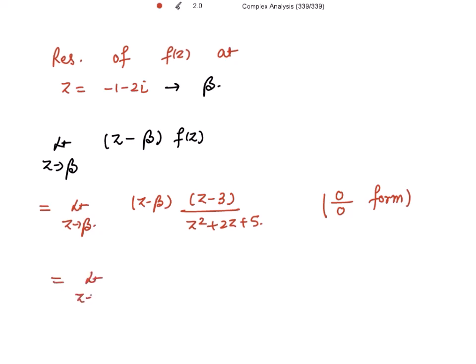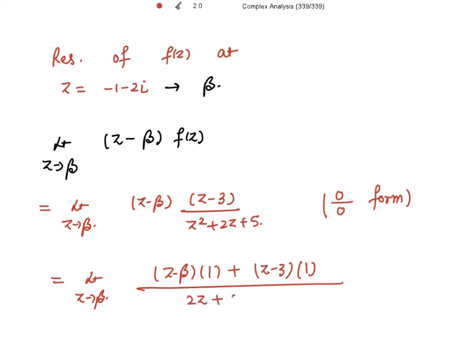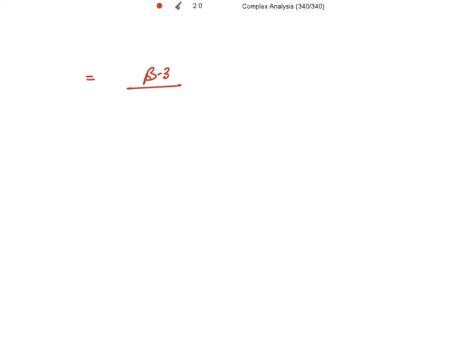So we have to derivate the numerator with respect to z. So first function derivative of second plus second function derivative of first, divided by derivating the denominator, this is 2z plus 2. Now putting z equal to beta in place of z, we get the first term to be 0 and second term beta minus 3 divided by, in the denominator, 2 beta plus 2.